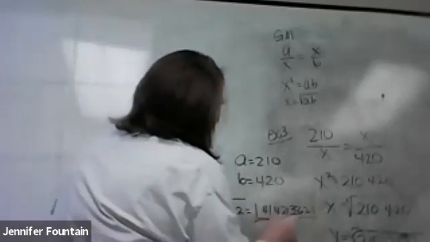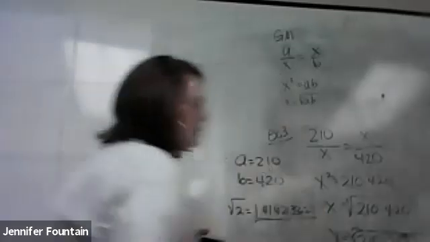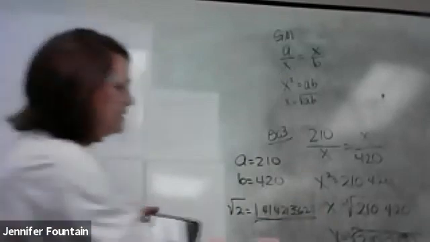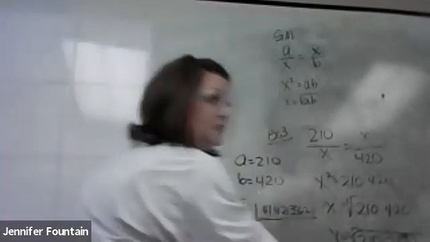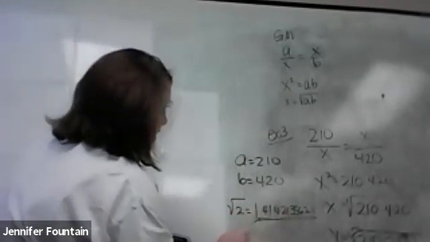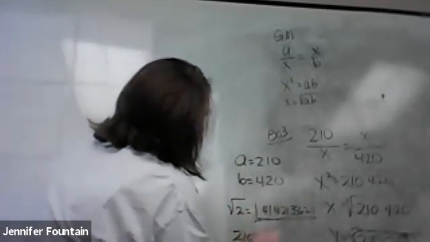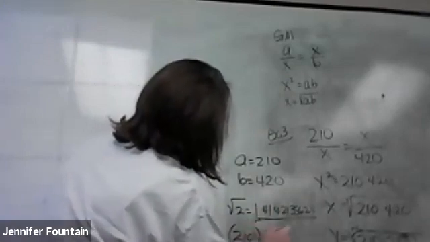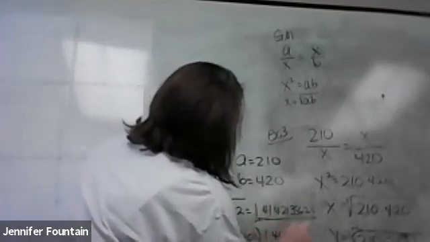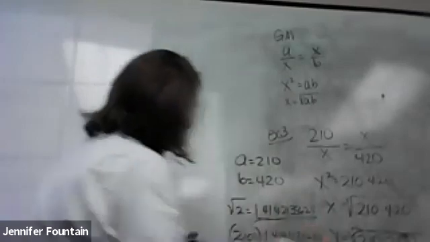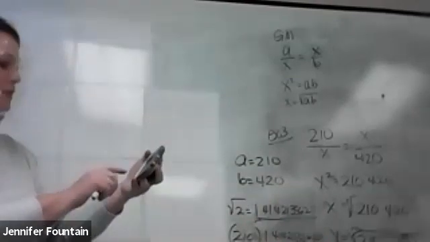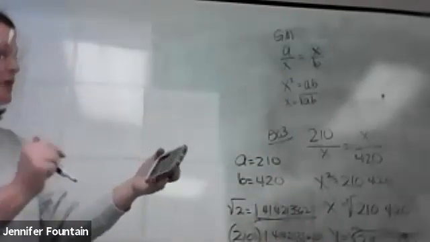What does that mean I have to do with this number and 210? Multiply it, because it's this times this. If this equals this, then I've got 210 times 1.41421356624. So when you've got that on your calculator, hit times 210.